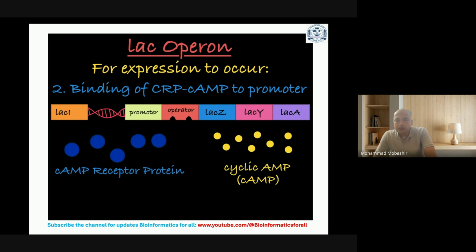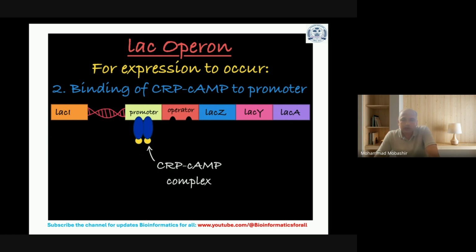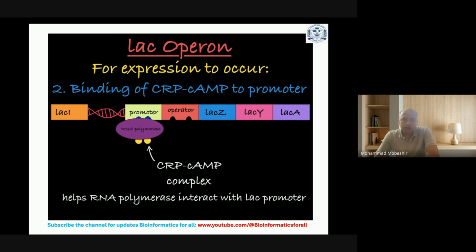Cyclic AMP receptor protein, which I'll call CRP, is a DNA binding protein that, when attached to cyclic AMP, will bind to the lac operon promoter. When the CRP cyclic AMP complex binds to the lac operon promoter, it can help RNA polymerase interact with the promoter and transcribe the lac operon genes.